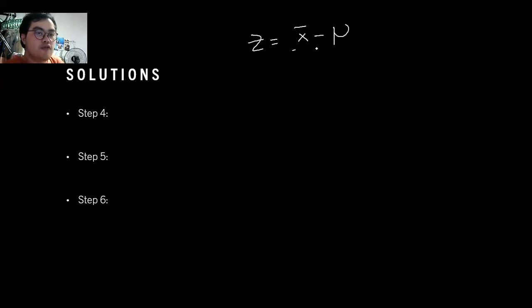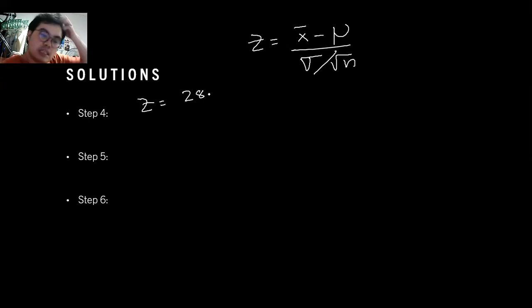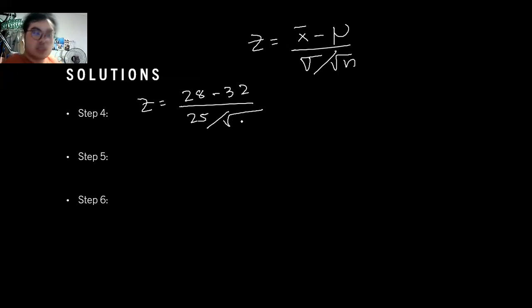For step 4, we're going to recall the z value formula and substitute based on the given. The sample mean is 28 minus 32, divided by the standard deviation 25, then divided by the square root of 225. We're going to simplify, so negative 4 over 25.